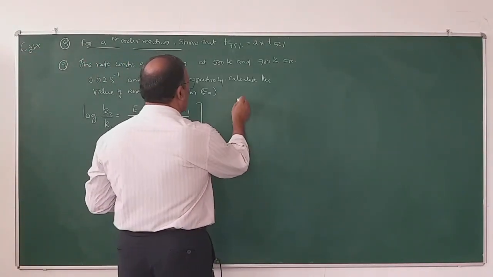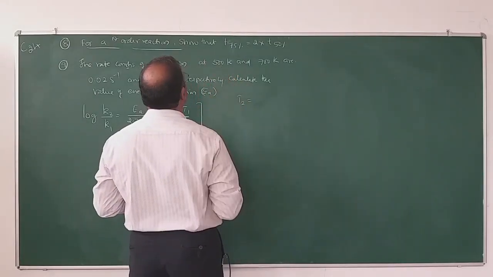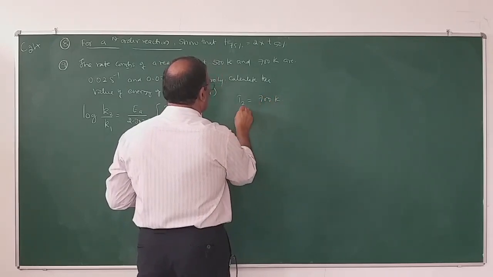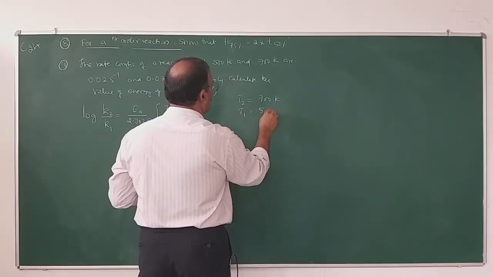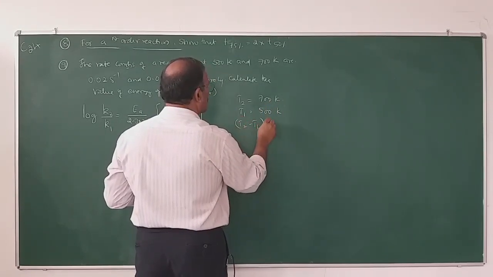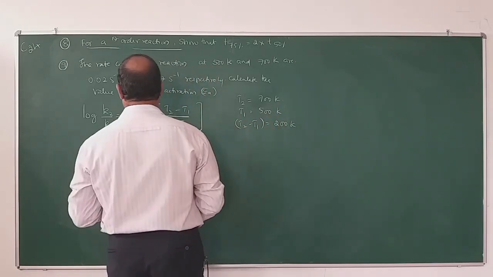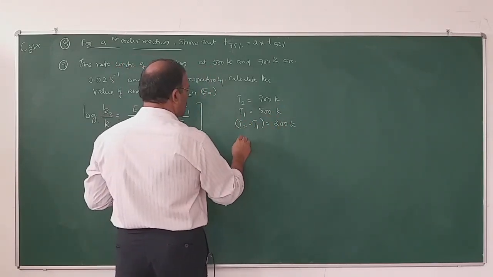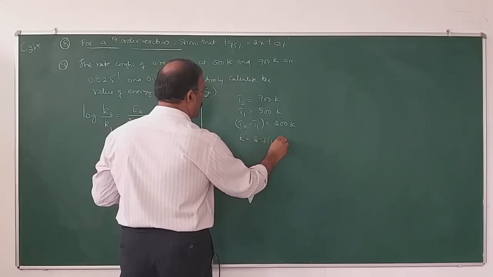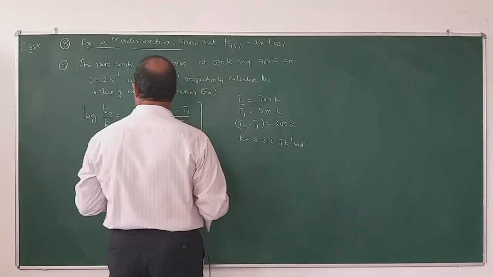So here T2, the higher temperature, is 700 Kelvin, T1 equals 500 Kelvin. T2 minus T1 equals 200 Kelvin. And R equals 8.314 joule per Kelvin per mole.